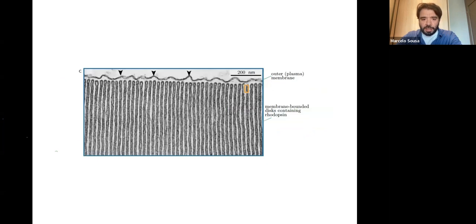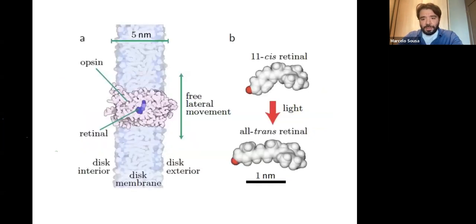Here is to show that type of membranes where the absorption happens. And in those membranes, there is a molecule that has two possible conformations, that is the retinal. When light is absorbed, there is a change from retinal to trans-retinal, a change of conformation.